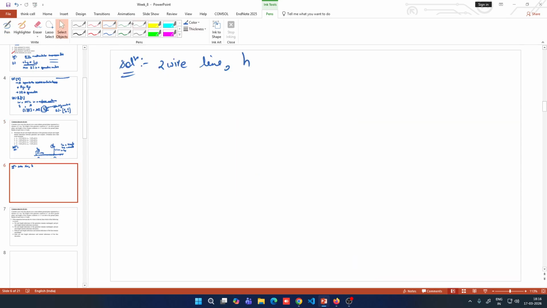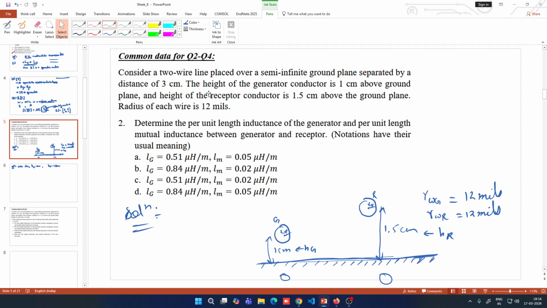HG is given as 1 centimeter and HR is given as 1.5 centimeters, and they are separated by a distance of 3 centimeters. I forgot to mention that this separation is always center to center. This we will denote as a small s, which is 3 centimeters.